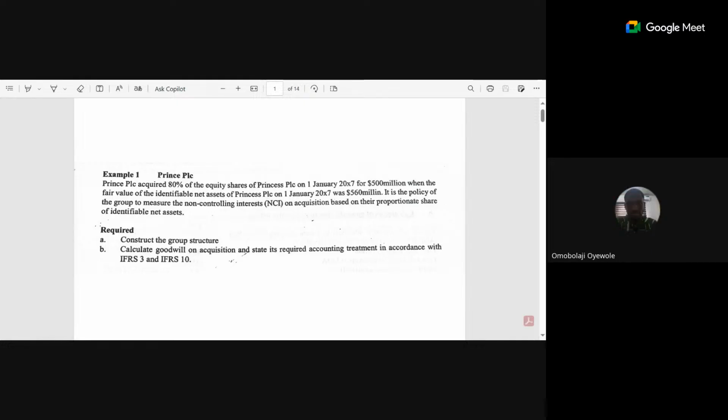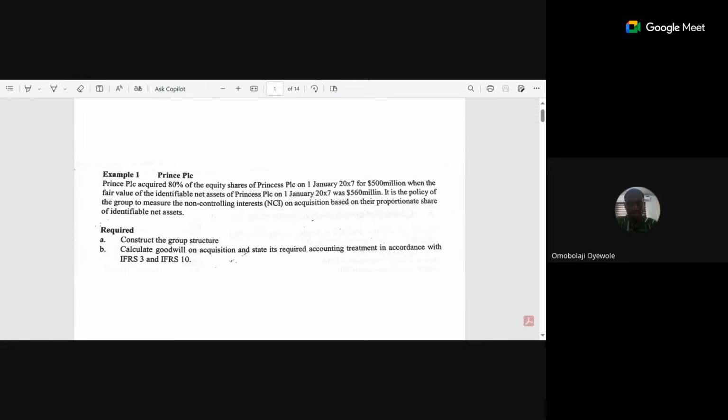The fair value of the identifiable net assets. This question has restricted us. They've given us the fair value of the identifiable net assets of Princess PLC as at 1st of January. How much is that? 560 million. Now, it is the policy of the group to measure NCI on acquisition based on their proportionate share of identifiable net assets. So what does it mean?